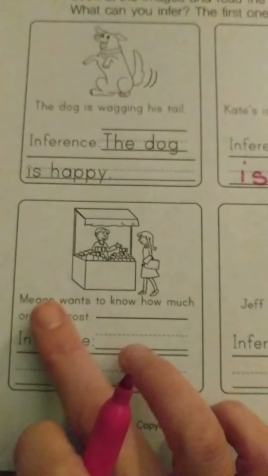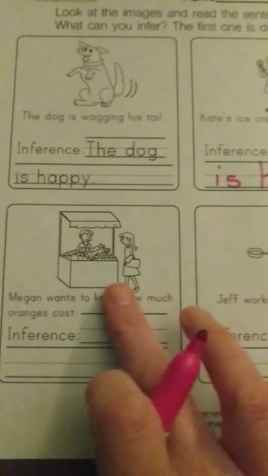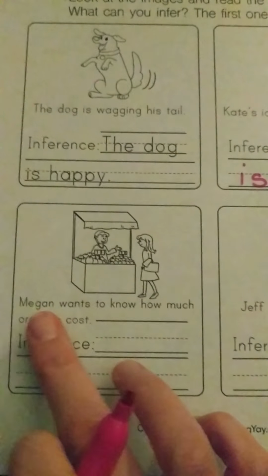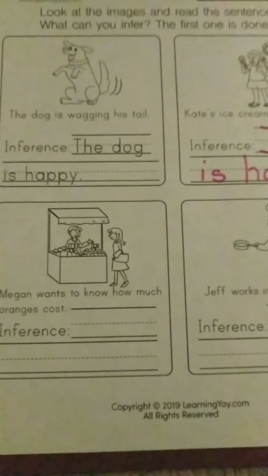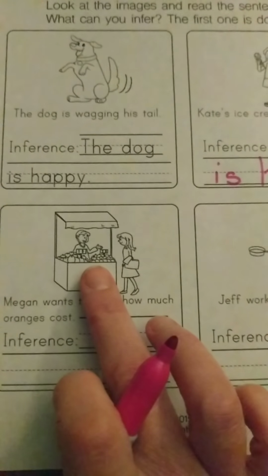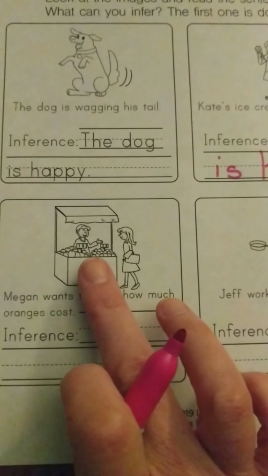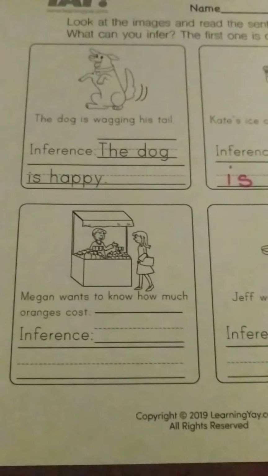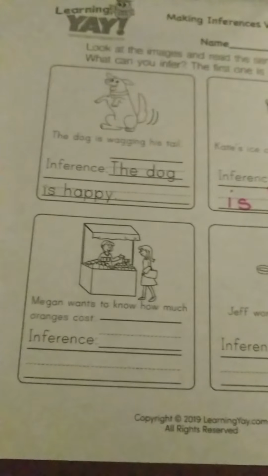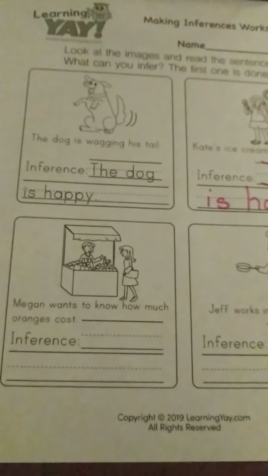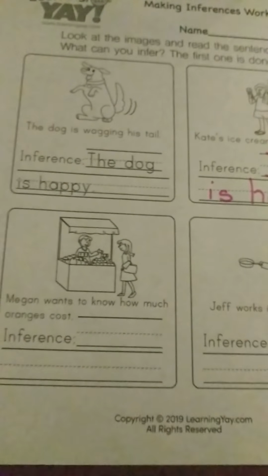Good. Okay, next picture. She looks like she's at a store or like a fruit stand or something. Megan wants to know how much oranges cost. So she's at a fruit stand. She wants to know how much the oranges cost. So what do I know about that? Well, I know that people would go to a fruit stand. Well, they wouldn't go there because they wanted to do their laundry. They wouldn't go to a fruit stand because they wanted to fix their car.